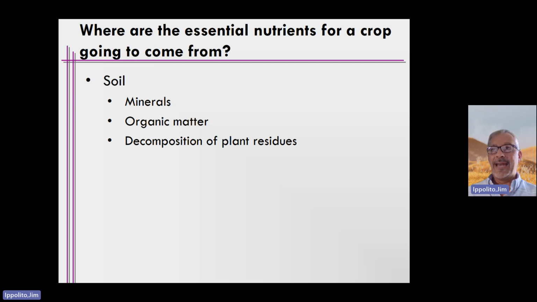They come from organic matter or organic materials that are degraded by microorganisms over time. And they come from the decomposition of plant materials that are reapplied year after year, say in a perennial system like you see in my background here, or if you're adding crop residues year after year and not removing them from the soil. These are where the necessary nutrients for plant growth are going to come from.